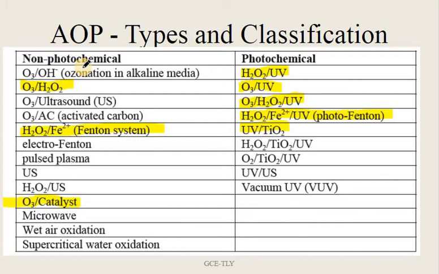So O3 along with hydrogen peroxide, and hydrogen peroxide with Fe2+, which is Fenton's reaction. Then we have O3 along with catalyst, ozonation, and we have hydrogen peroxide with UV, O3 with UV, O3 with hydrogen peroxide and UV, and you have photo-Fenton, which is H2O2, Fe2+ and UV, and we also have UV/TiO2, which is a photocatalytic reaction.